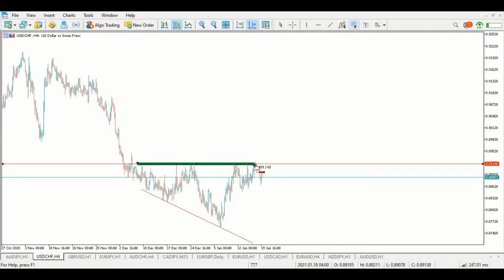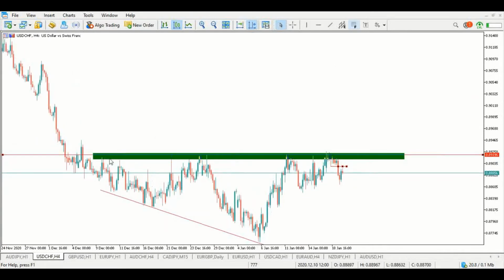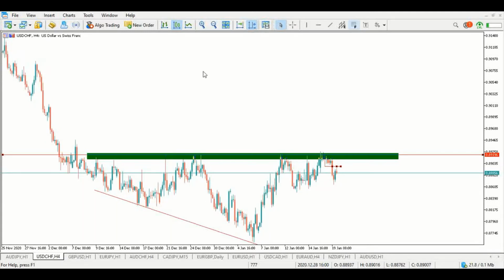Let me try zooming in a bit. You guys can clearly see we've been having some resistance around there, another resistance, so it's been happening time and time again.